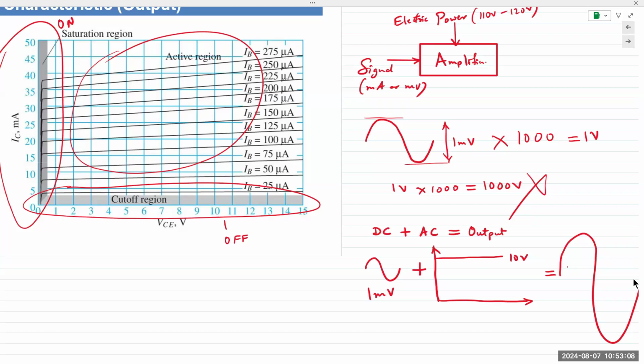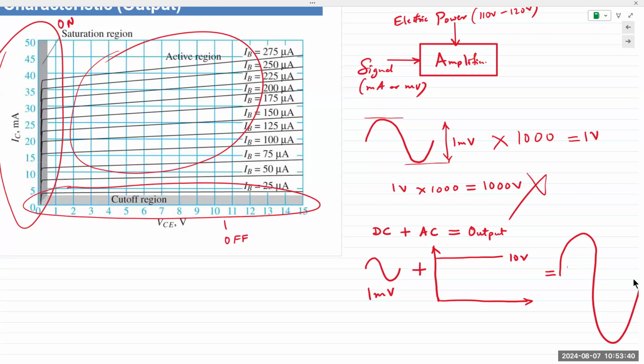Okay. If the shape of the signal going into the base is a sinusoidal waveform, then the current flow coming out of the collector will also take the shape of the base sinusoidal waveform. So in the simplest of terms, your transistor is adding the DC and the AC components together and sending it to the output.